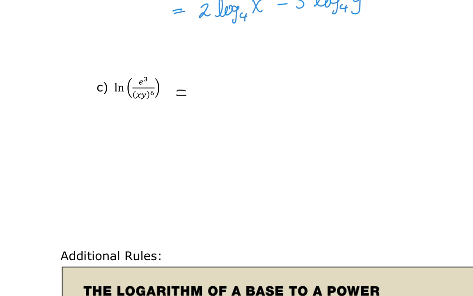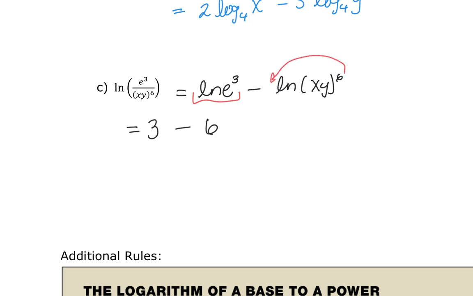This becomes the natural log of e to the 3rd minus the natural log of xy to the 6th. This is just going to be 3. So 3 minus, I'm going to bring this 6 out front as a multiplier of the natural log of x multiplied by y.